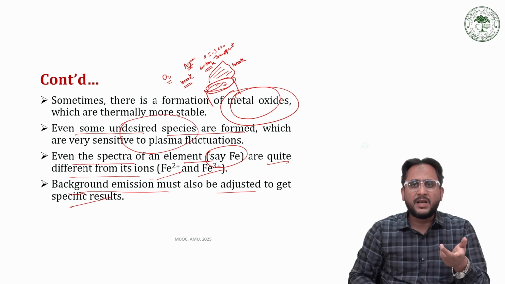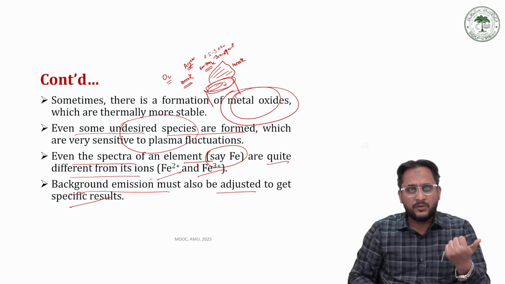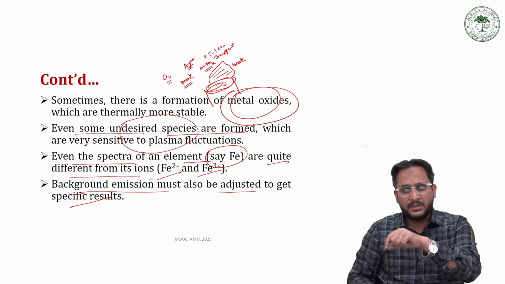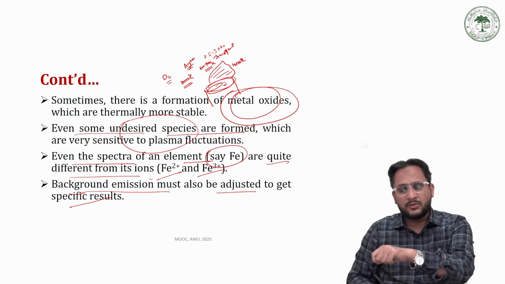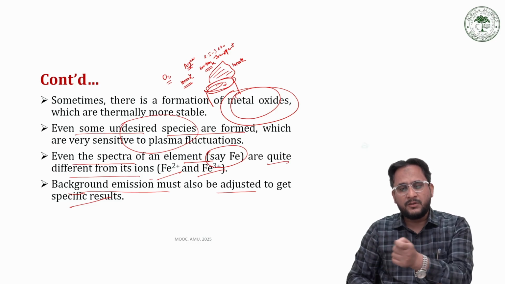Just as we do in simple chemical analysis in the chemistry laboratory, like titrations. While doing titrations, we always do a blank run and then subtract the volume of the blank from the volume of the sample in which the analyte is present. For the blank, we only use the solvent without the analyte.